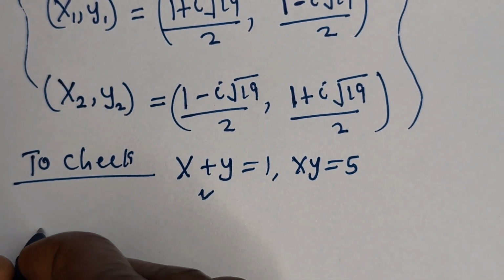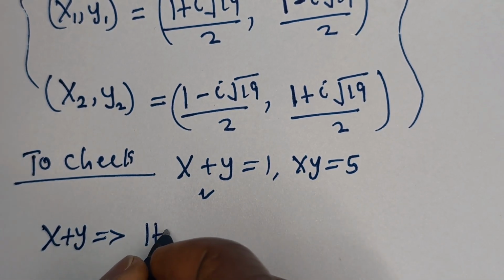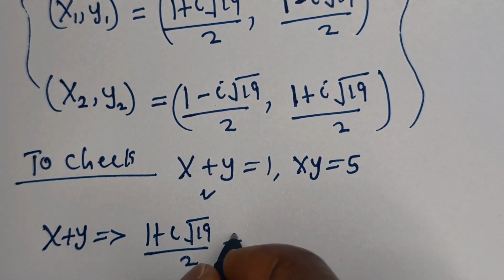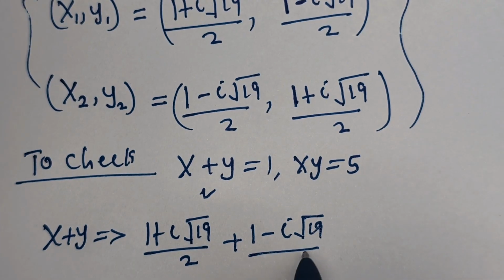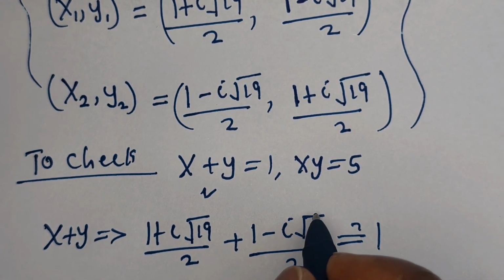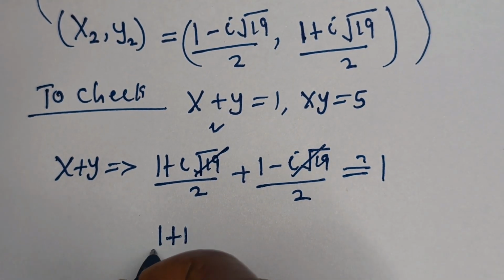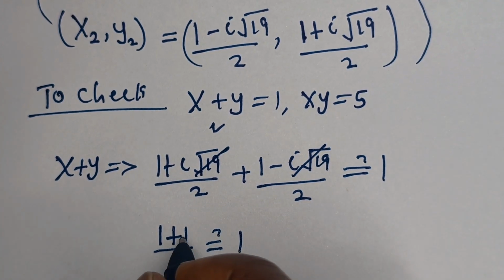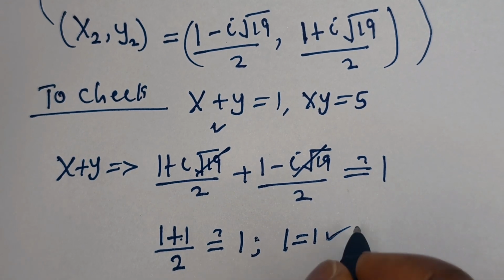We have s plus y, this is 1 plus i root 19 over 2 plus 1 minus i root 19 over 2 must be equal to 1. Then we cancel this, the LCM is 2 here. We have 1 plus 1 over 2 must be equal to 1, and 1 plus 1 is 2 divided by 2. We have 1 is equal to 1, which is true.